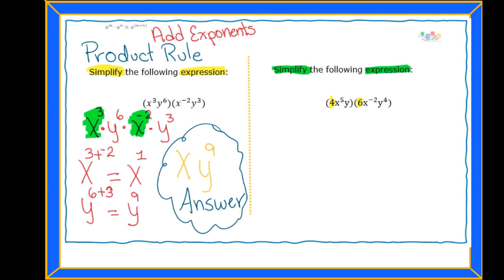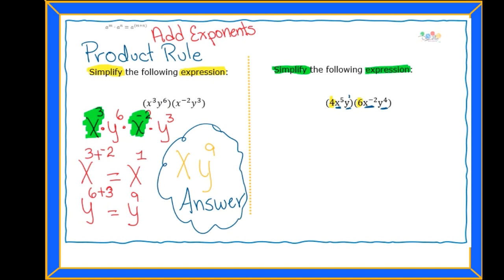Neither of those two coefficients is being raised to any power. The 5 is raising the x to the 5th power. This is x to the 5th. This x is x to the negative 2nd power, and the y is y to the 4th, and this y is y to the, I'm going to put a 1 so that I don't forget. Anytime there's no power, it's understood that it's a 1.